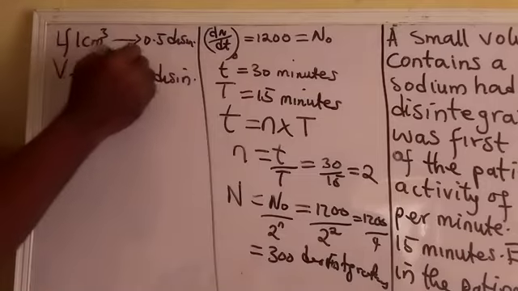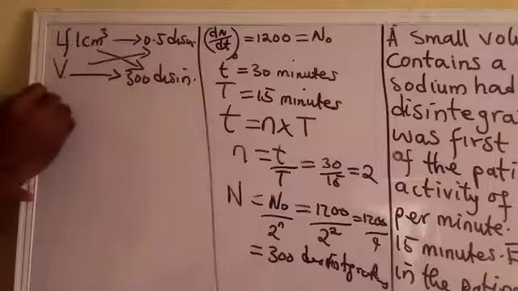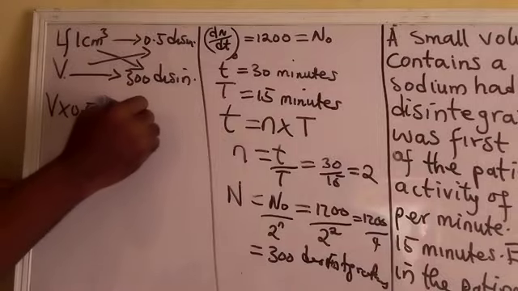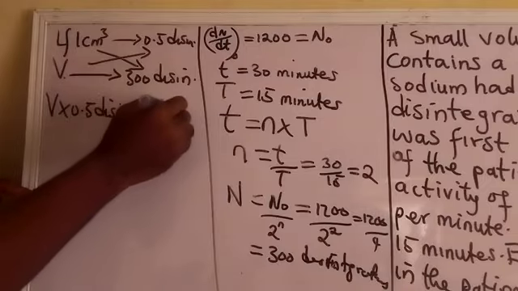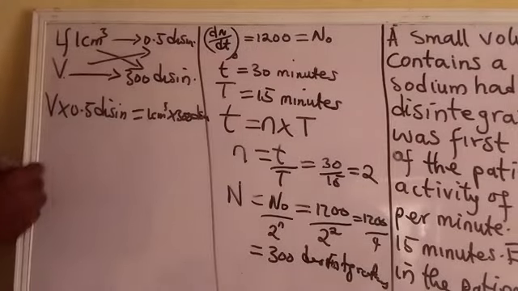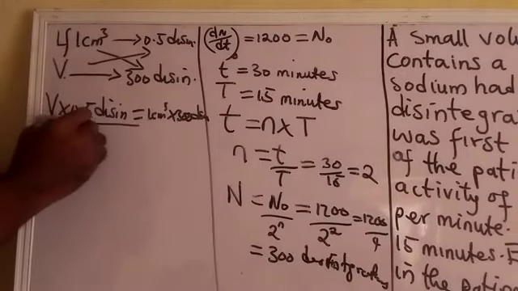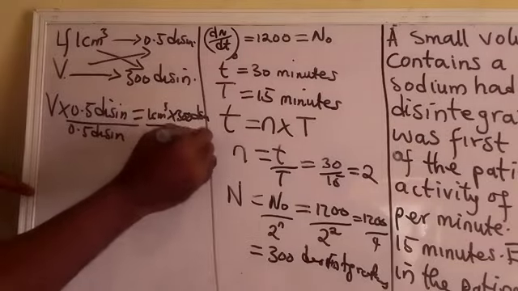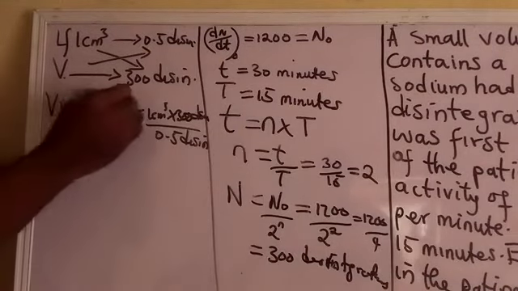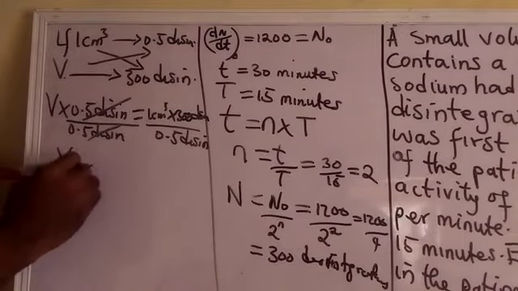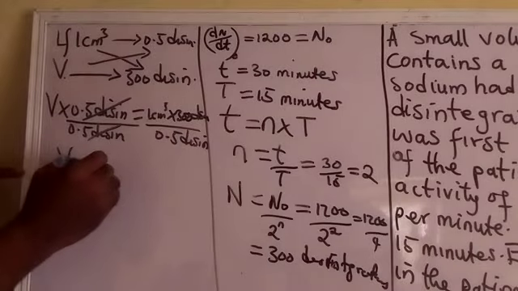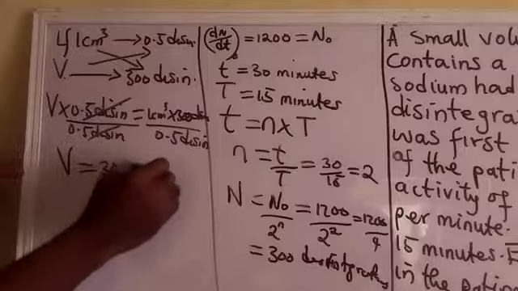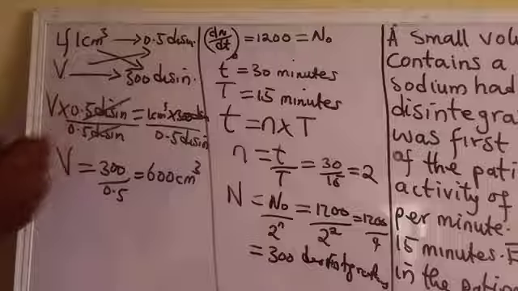So when you cross multiply this, you see the volume of blood multiplied by 0.5 disintegrations is equal to 1 cm³ multiplied by 300 disintegrations. So when you divide both sides by 0.5 disintegrations, I'm shortening the disintegration for the sake of space. This will cancel, and I have that the volume of blood at the initial time is 300 divided by 0.5. That will give us 600 cm³.